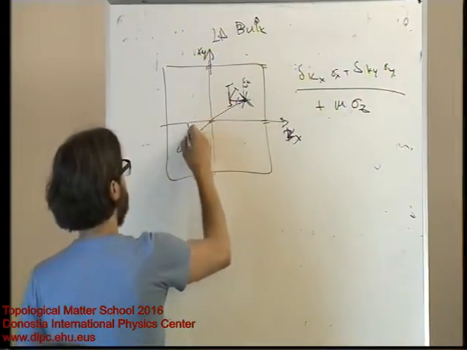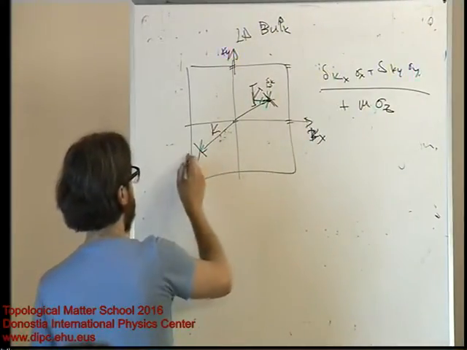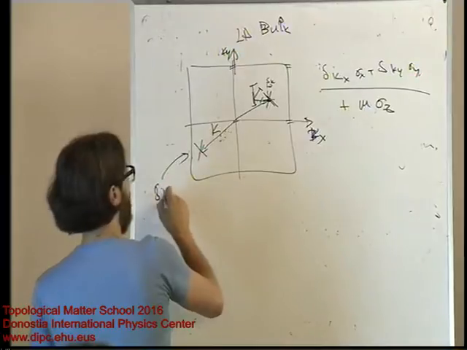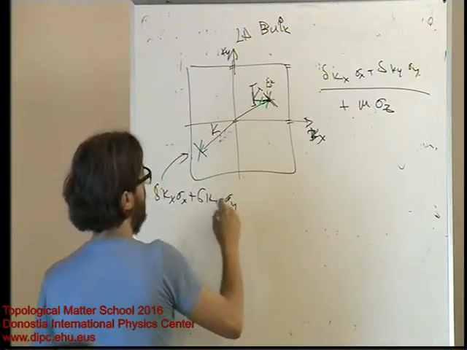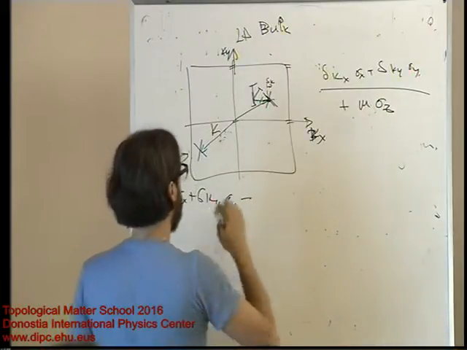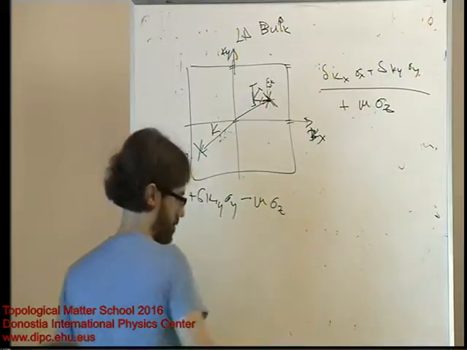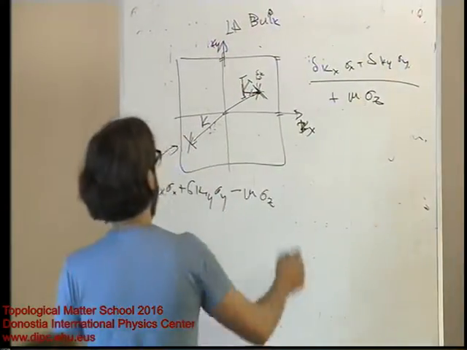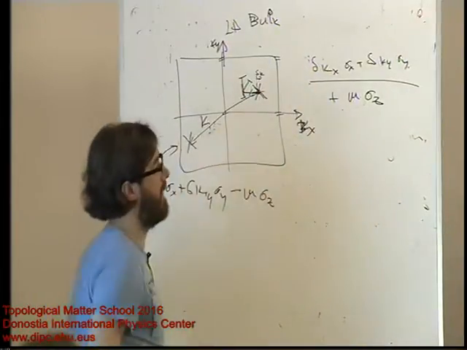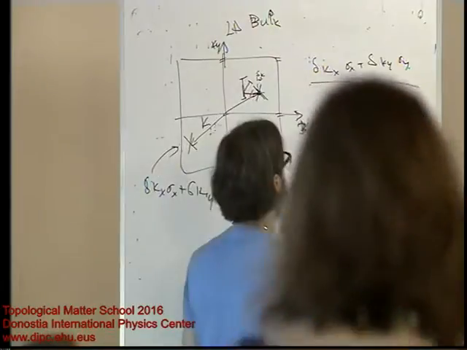So the only thing that this tells me is that the Hamiltonian around this k point is delta kx sigma x plus delta ky sigma y minus m sigma z. That's what this tells me. So if I have the mass at k equal to the mass at minus k, I can just add this term. Any perturbation that's allowed by symmetry is added.